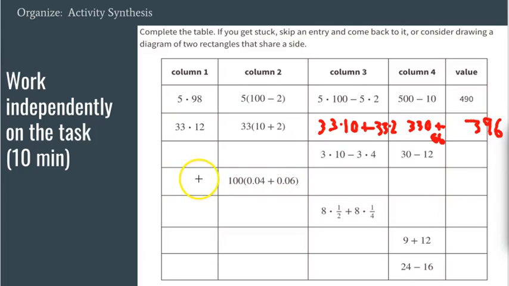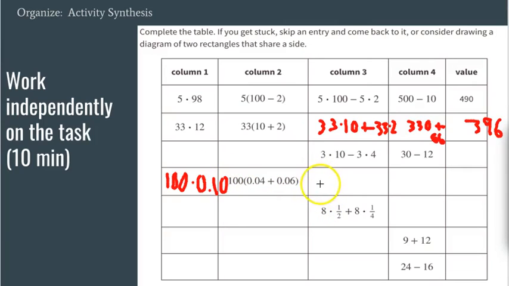Okay, so you can think of this as the 100 times 1/10, right? Because 4 hundredths and 6 hundredths together would make 1/10 or 10 hundredths.